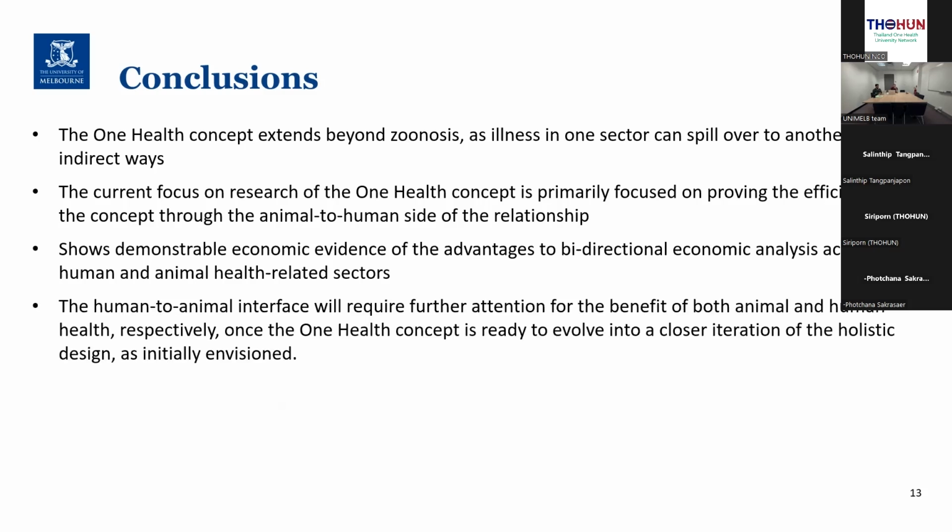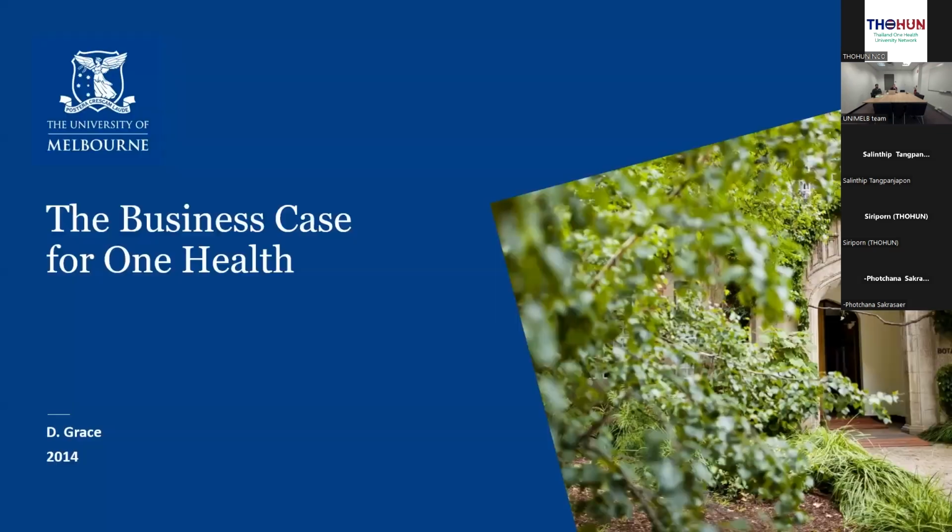And the human to animal interface will require further attention for the benefit of both animal and human health, respectively, once the One Health concept is ready to evolve into a closer iteration of the holistic design as initially envisioned. So one of the critiques that he makes is that there's not enough consideration for the impacts on animal health of humans delivering the disease to animals.